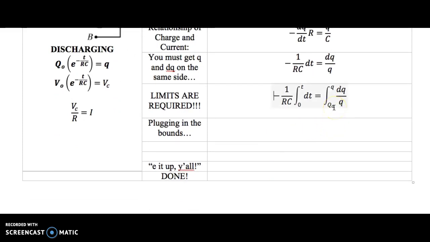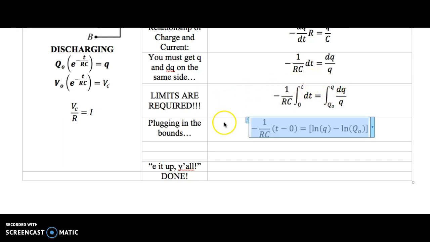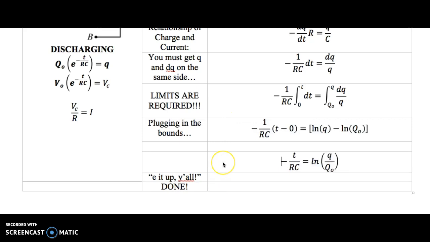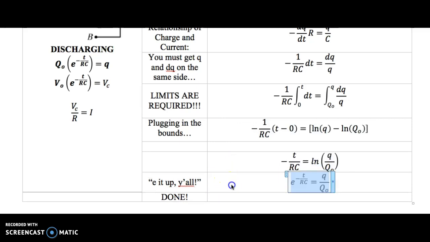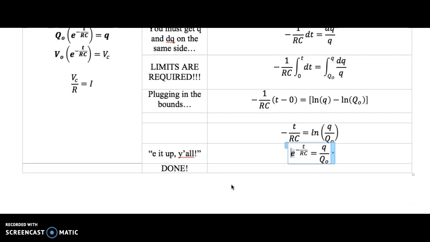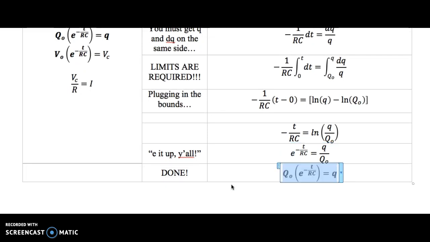The limits are going from Q naught to Q. It's a different thing, all right? Because the capacitor is starting off charged and discharging to some charge at some time t. All right, integrating, plugging in the bounds. Again, the algebra for these is much more straightforward. Okay, e it up. And there we are at the end. That's the charge on the capacitor.